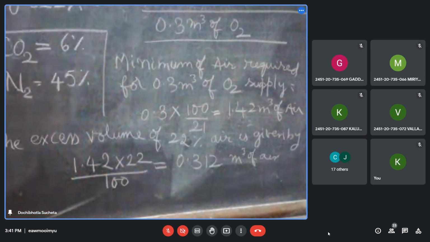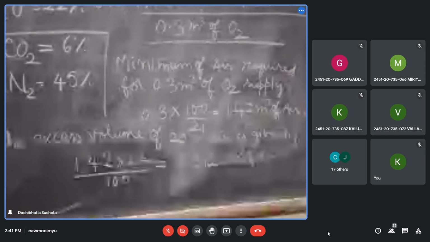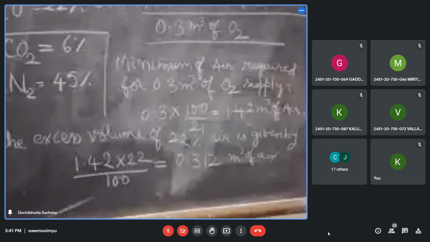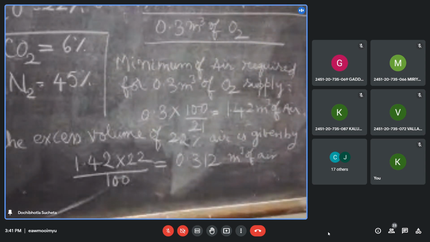So 1.42 plus 0.312 will be the net answer for the numerical.